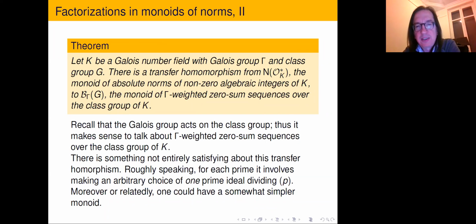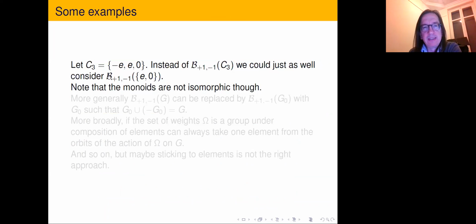So this result which we obtained is not entirely satisfying in a certain sense, because the transfer homomorphism involves an arbitrary choice. Or put differently, the monoid here is not ideal because there's some redundancy there. For instance, if we take a cyclic group with 3 elements and allow weights plus and minus 1, a plus identity, minus identity, if I want to be strict with endomorphisms, then we could just as well consider just the positive element and 0, because whether I have plus or minus e, I can always adjust this with the weights.